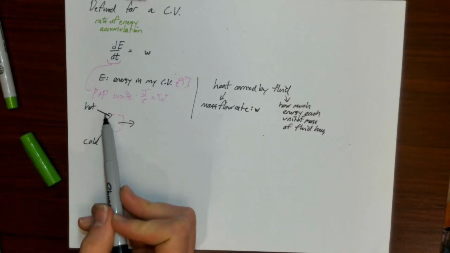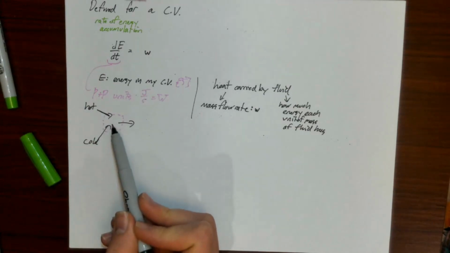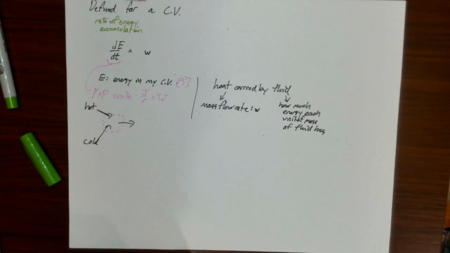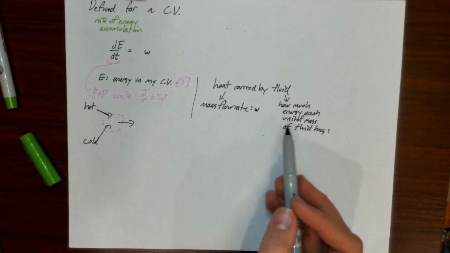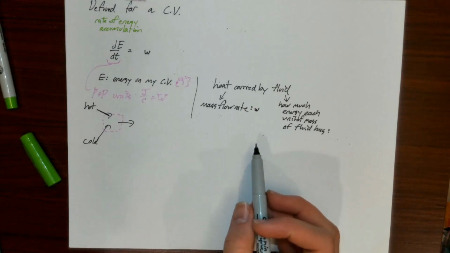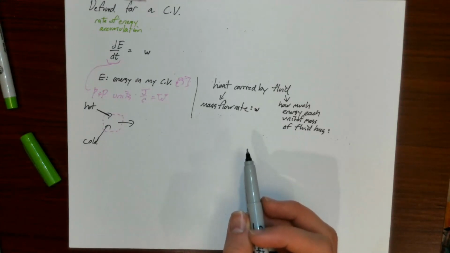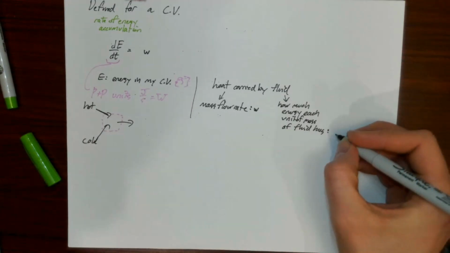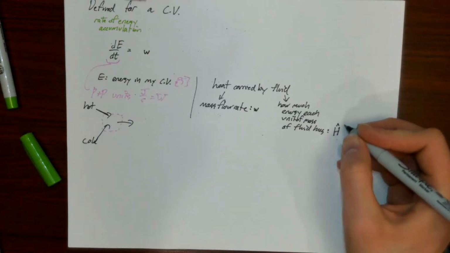Each kilogram of hot fluid that comes in has a heck of a lot more energy than each kilogram of cold fluid that goes in. And people oftentimes talk about this in terms of enthalpies, or enthalpies per unit mass. Basically what people use is a capital H with a little hat on it.